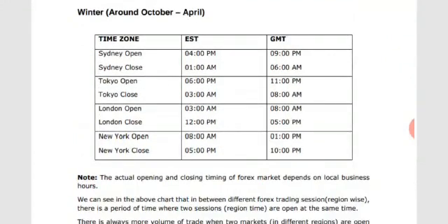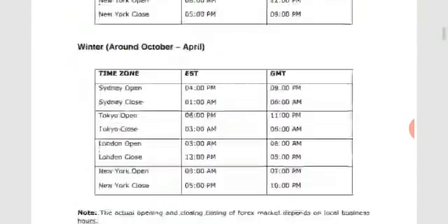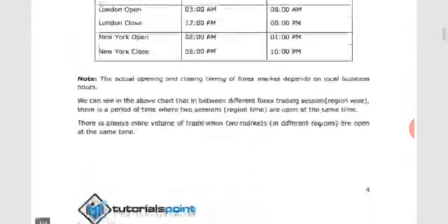Every zone has its own time whereby forex can be traded. You get it? At the heading note here, you can see the actual opening and closing time of the forex market depends on local business hours. That is why we gave you all these local business hours, so you know the best time to trade forex.